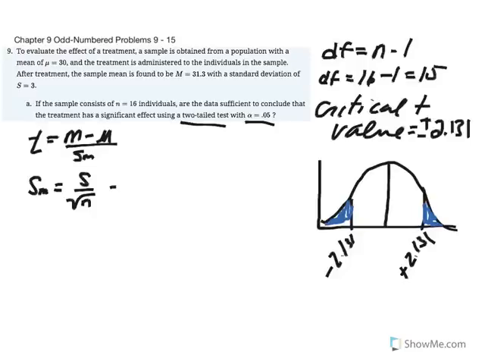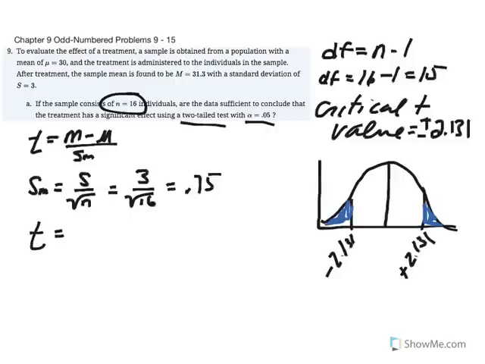So this would equal 3 over the square root of 16, because our sample size is equal to 16. If we take in our calculators 3 divided by the square root of 16, we get 0.75.